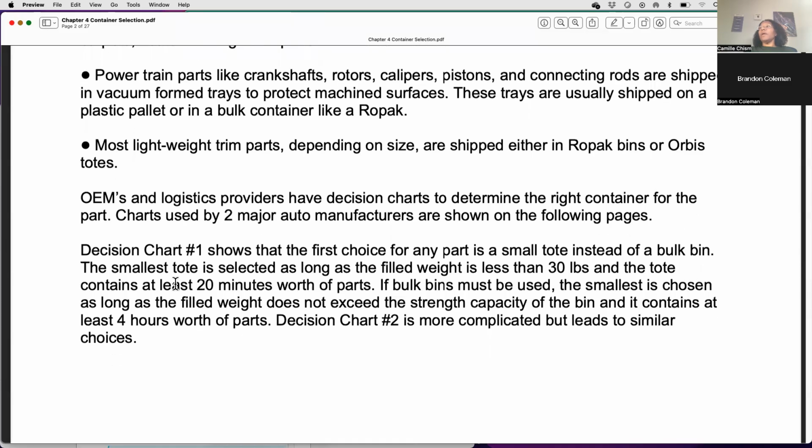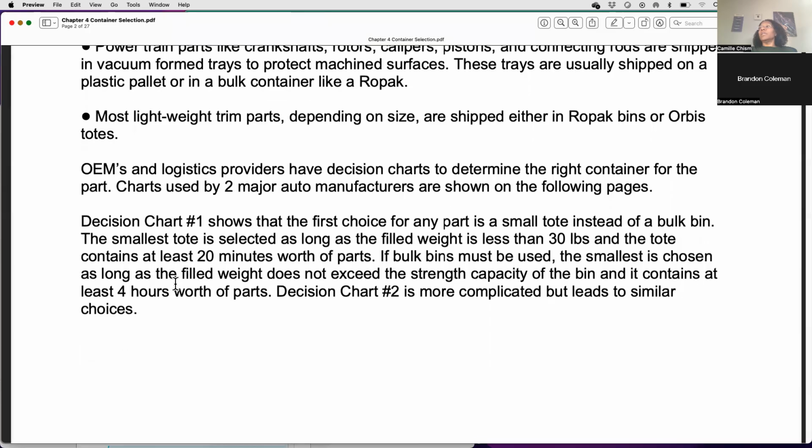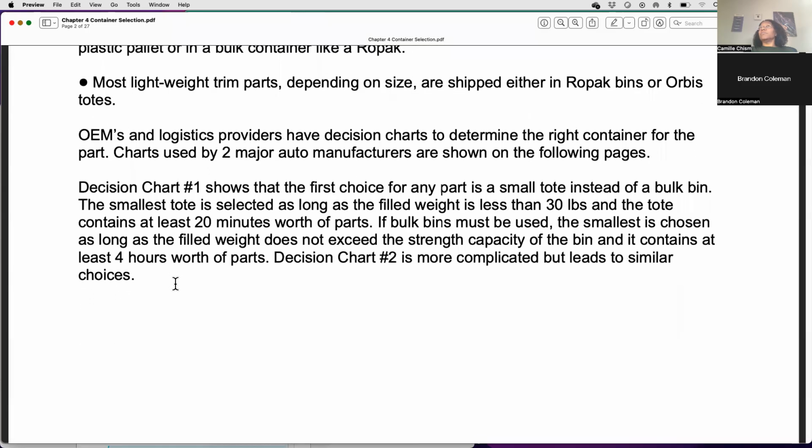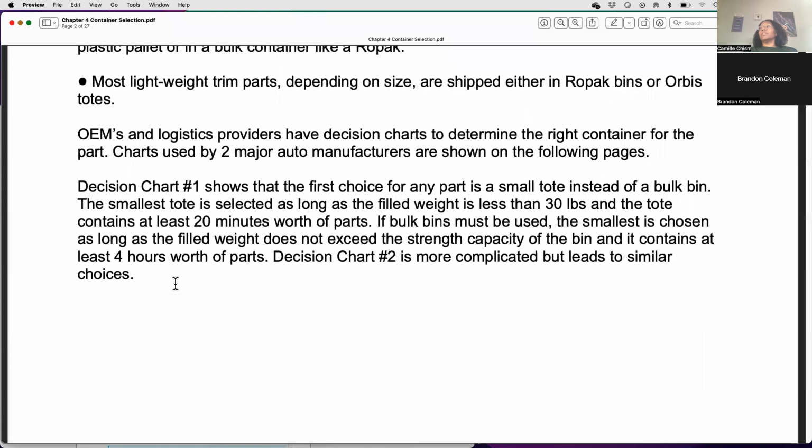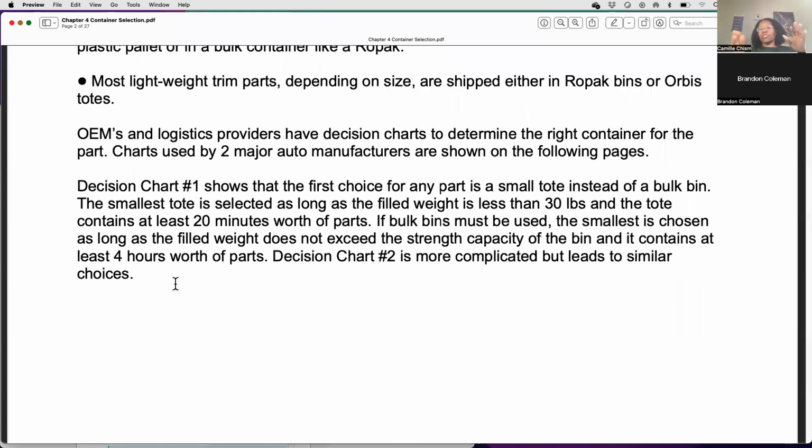So this one is saying that really you want a small tote. The decision chart is trying to drive you to small totes. So this is probably going to be more in line with the company that makes smaller parts, lightweight parts. Maybe they need to be protected, maybe they don't.